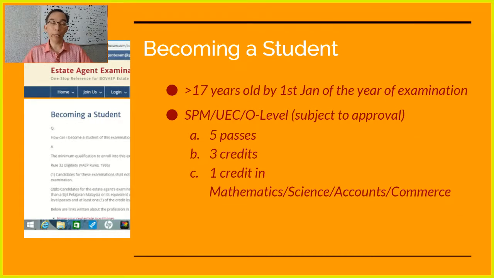From my experience, some students are not from the SPM mainstream. Some are from O-level or even the Chinese medium UEC classes. These are subject to approval by the board, so always apply for acceptance to be a student.